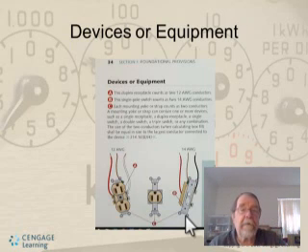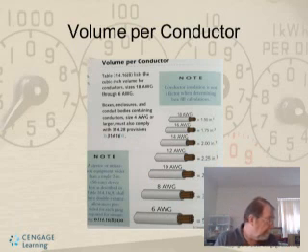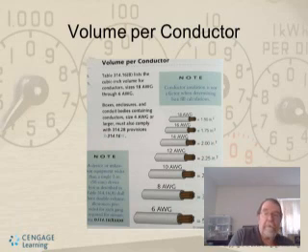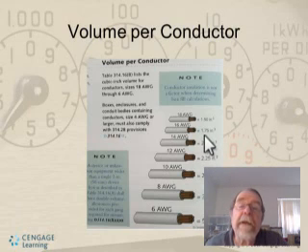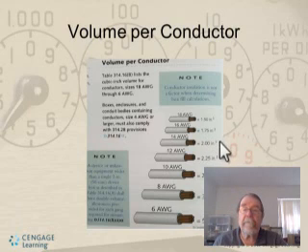Now, here we get into the volume per conductor. We talked about this on that table already, but here's a little chart that's in the book. It's kind of handy to have. There's a 12 gauge, it's 2.25. There's a 14, it's 2.0, and then a 16 gauge is 1.75 cubic inches.